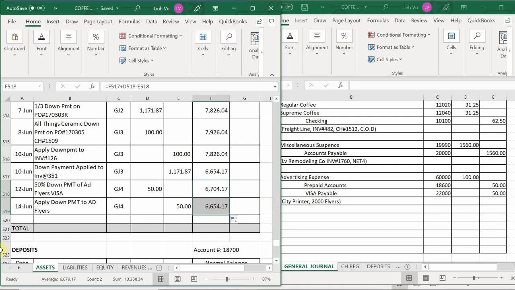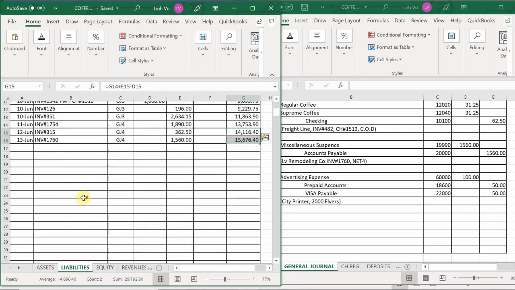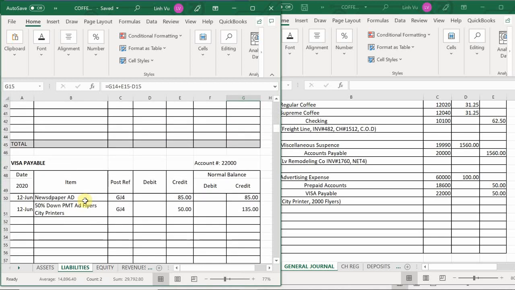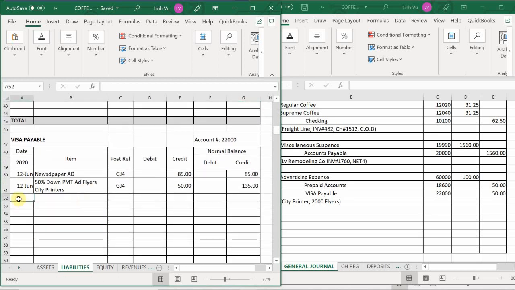Last but not least, we paid with a Visa credit card. Okay, so liabilities down below. Here you go. We're going back to $85.